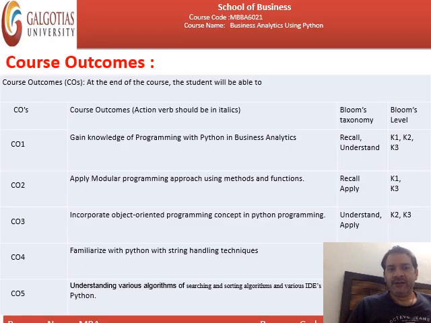Then let's start. CO1 we have already done. You can read the line of CO1 again: course outcome 1, gain knowledge of programming with Python in business analytics. You can ask yourself whether this CO1 has been completed or not.